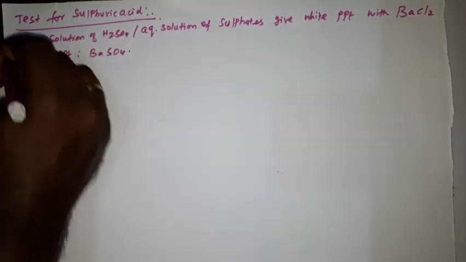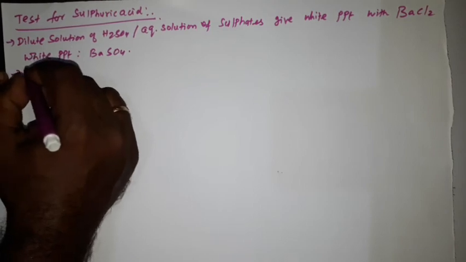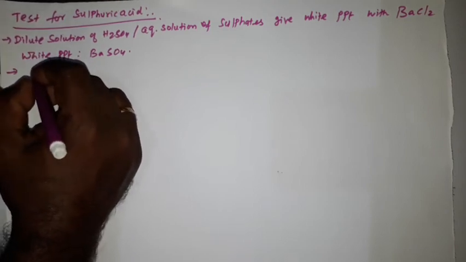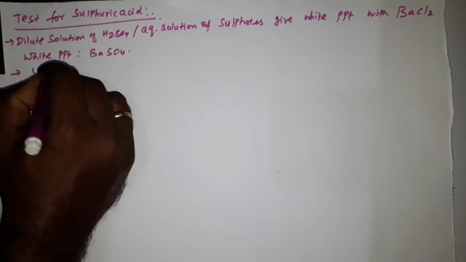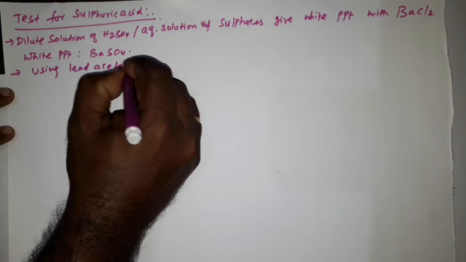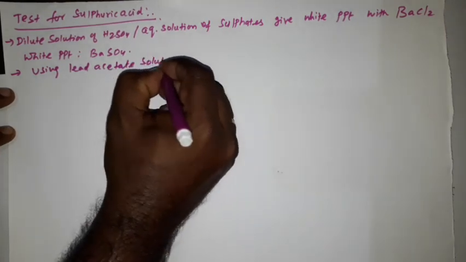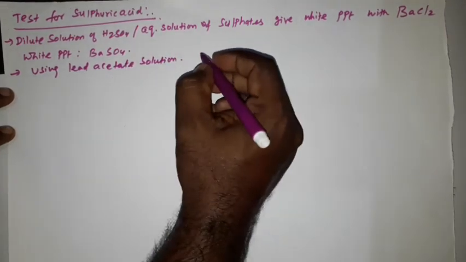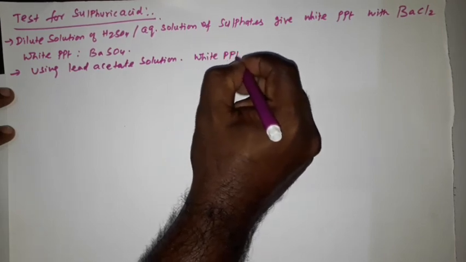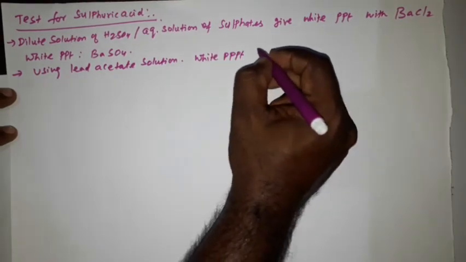Then another one: it can also be detected by using lead acetate solution. Here we are getting a white precipitate of lead sulfate.